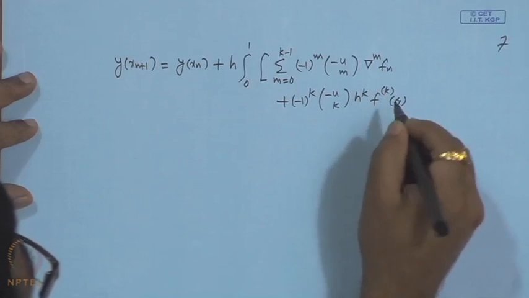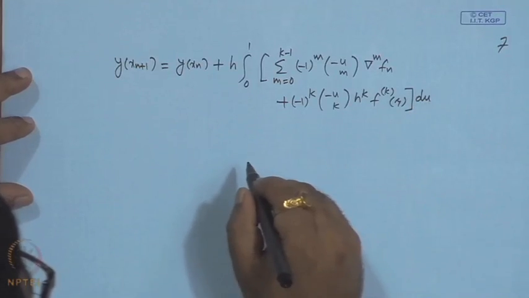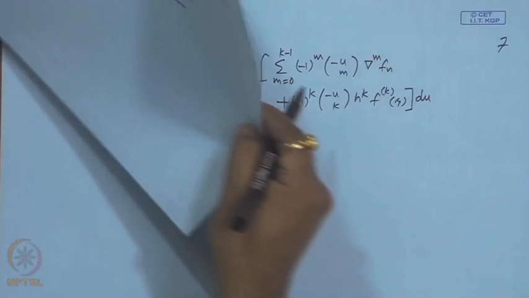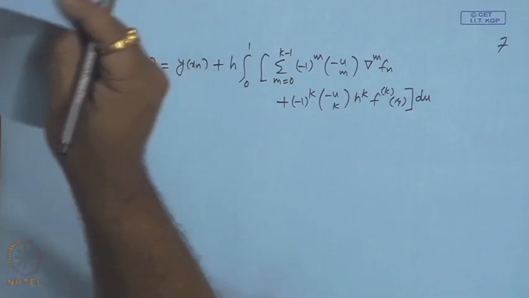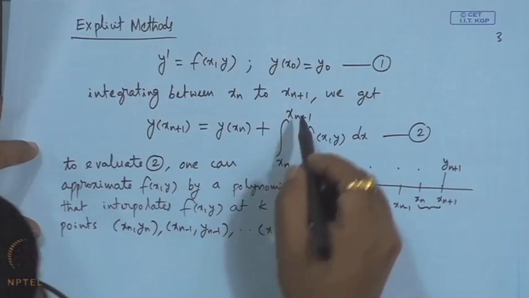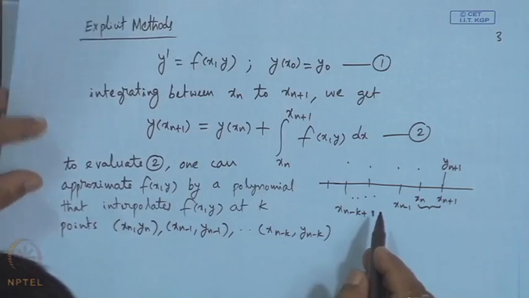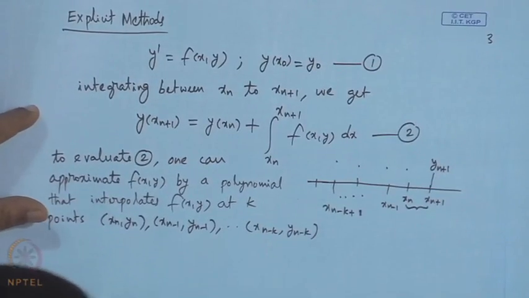This is a remainder term and the variable is du. So, why the limits x n to x n plus 1? But what was our transformation?